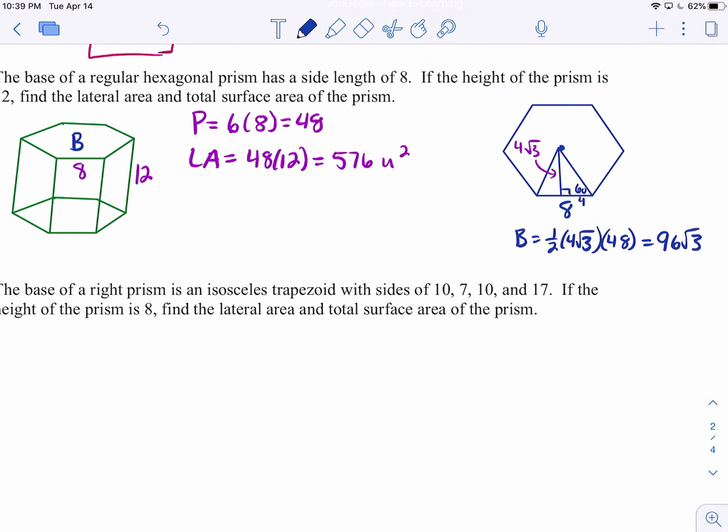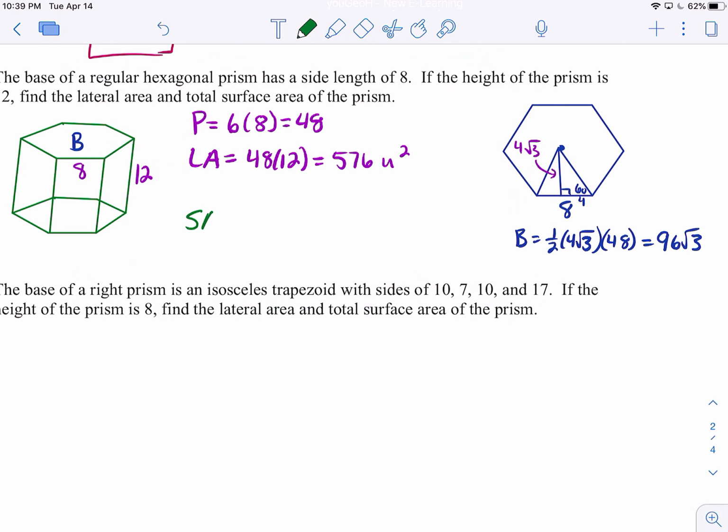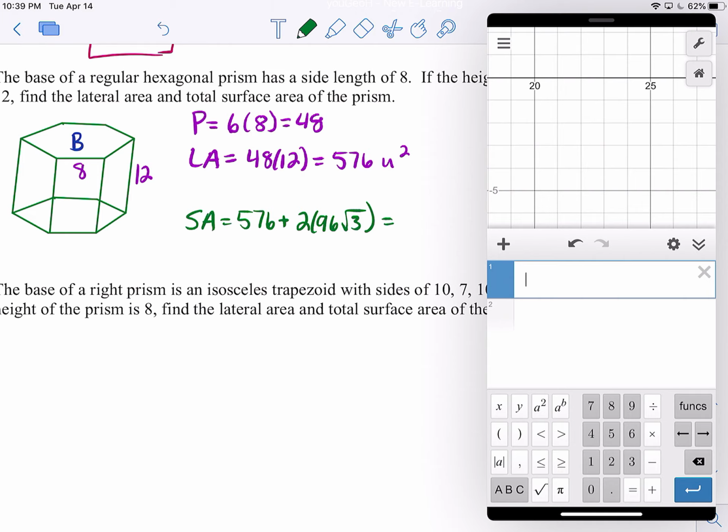Okay. So now for our total surface area, we'll take the lateral area that we found of 576, and then we'll add 2 of our bases. So 2 times 96 root 3 makes this 576 plus 2 times 96 root 3.